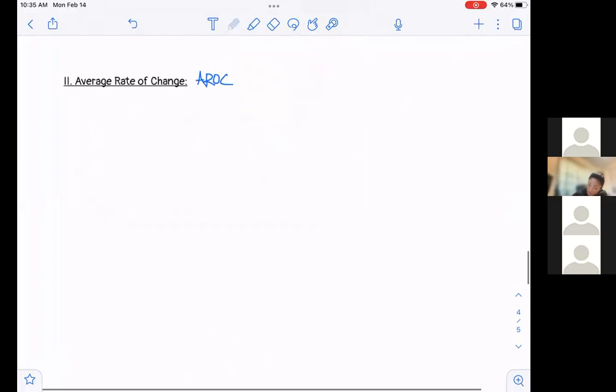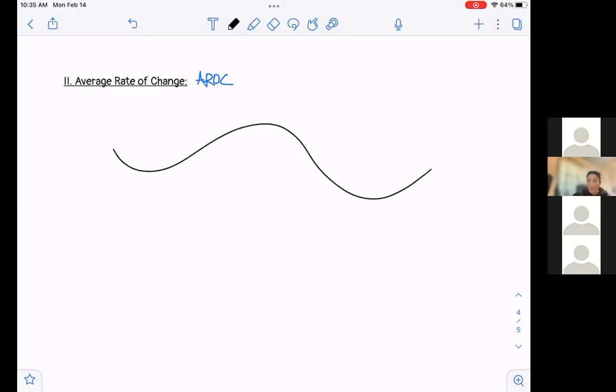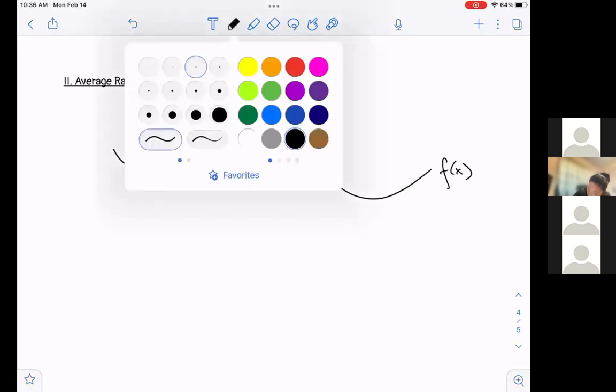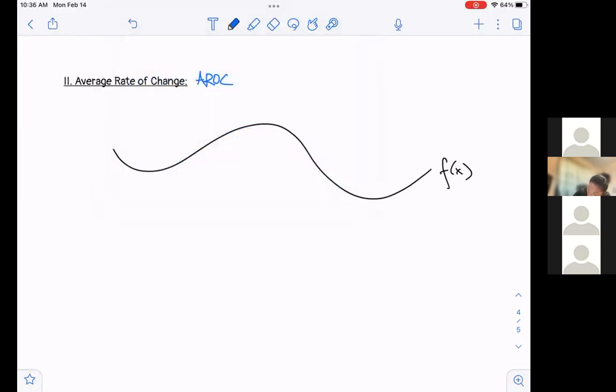It turns out that the average rate of change is when we have some sort of graph. So maybe our function looks like this, and let's call this f of x. And I'm going to pick 2 points on there. I don't know where they are, doesn't really matter. Let's say we have 1 point here.